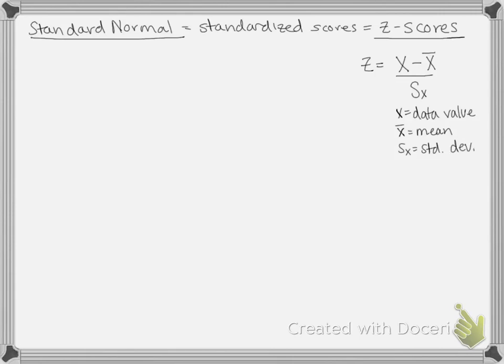Okay? So z-scores here are computed so that we can kind of transition things that aren't on the same scale into things that are along the same scale so we can then compare them.